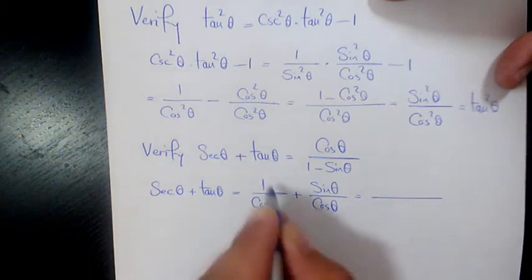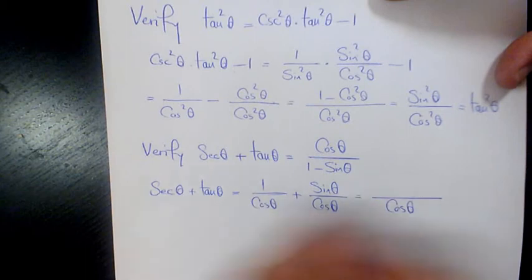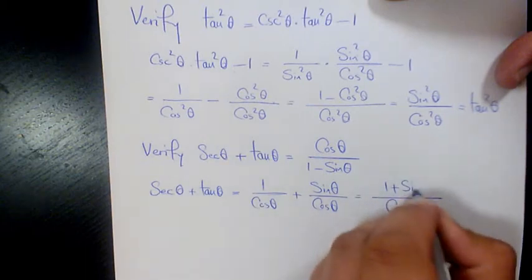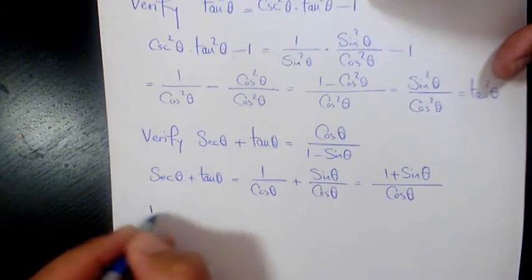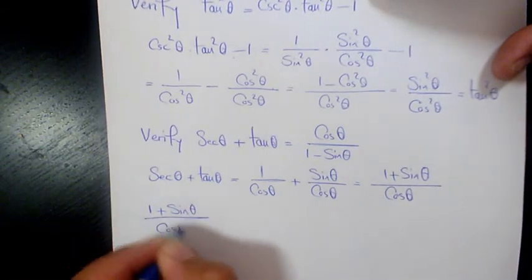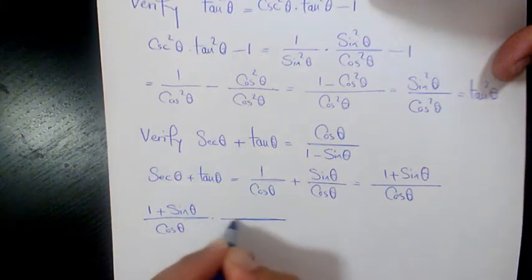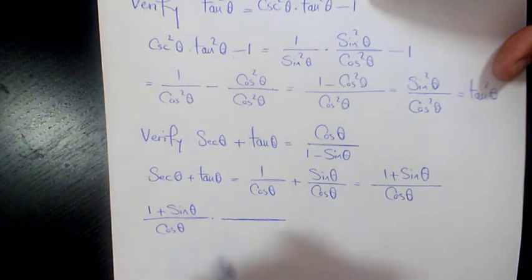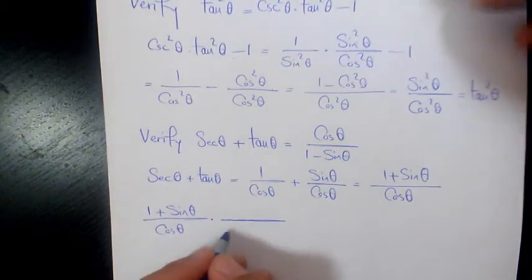Then the denominators are the same, so add the numerators, 1 plus sine theta. Then, if you keep an eye on the right hand side of the equation, I'm going to multiply both sides of the equation by 1 minus sine theta.